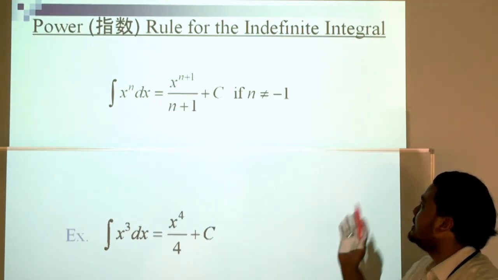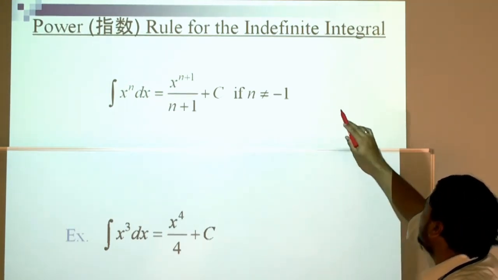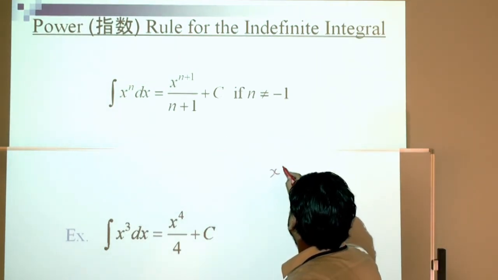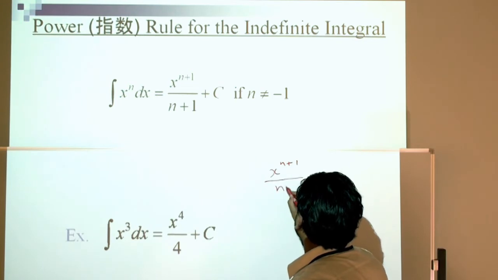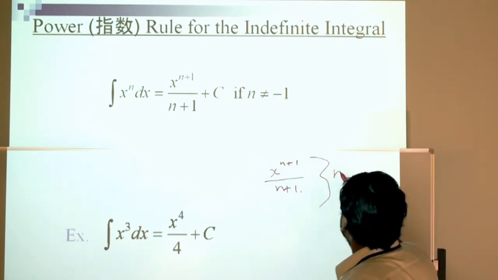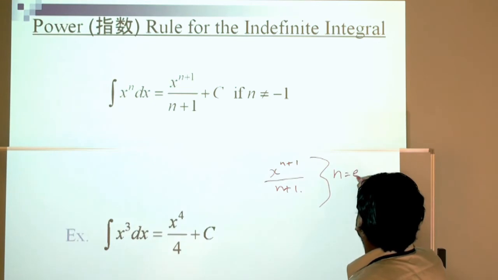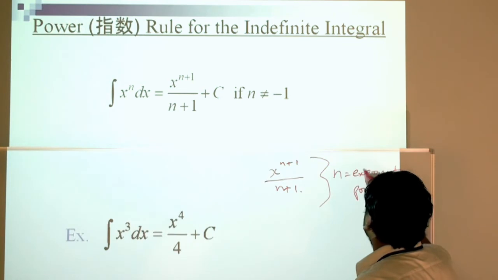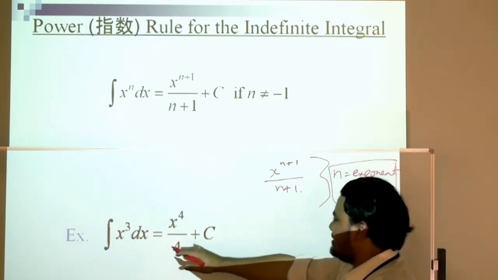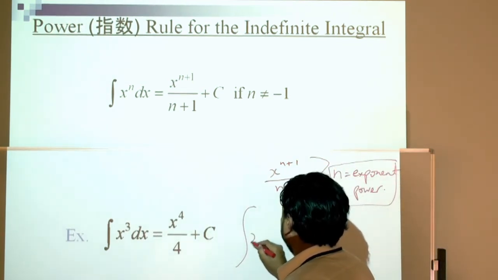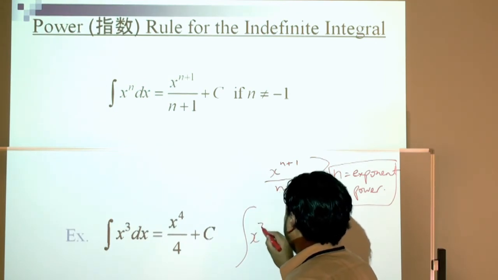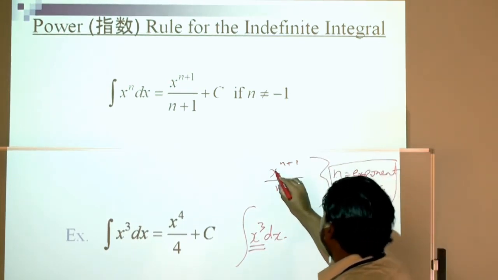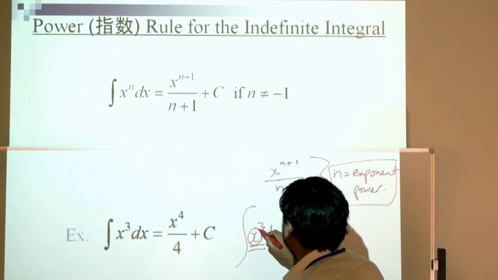Our key formula is the power rule for the indefinite integral. Basically the formula is x to the n plus 1 over n plus 1, where n is the exponent or power. Look at this example right here: the integral of x cubed dx. Notice also that this x refers to the variable.